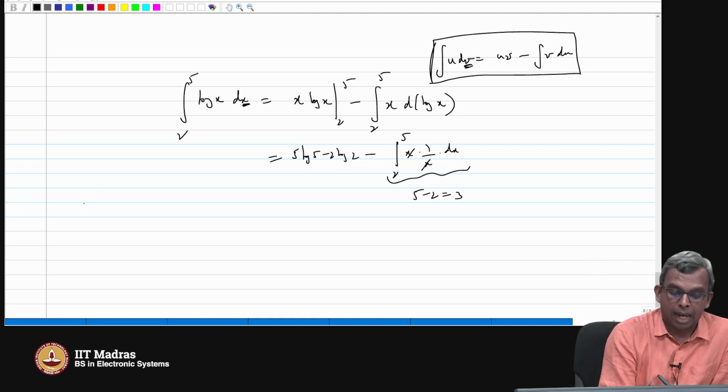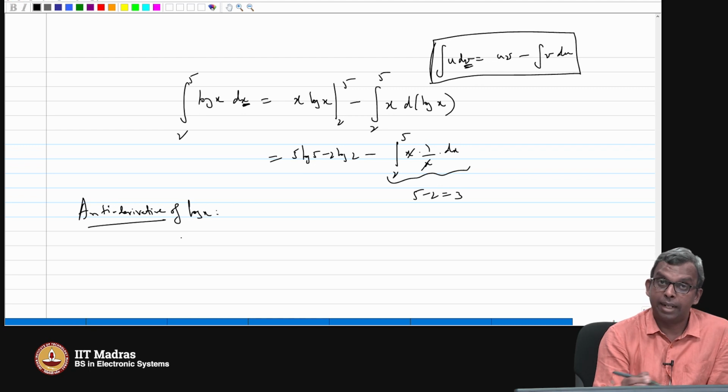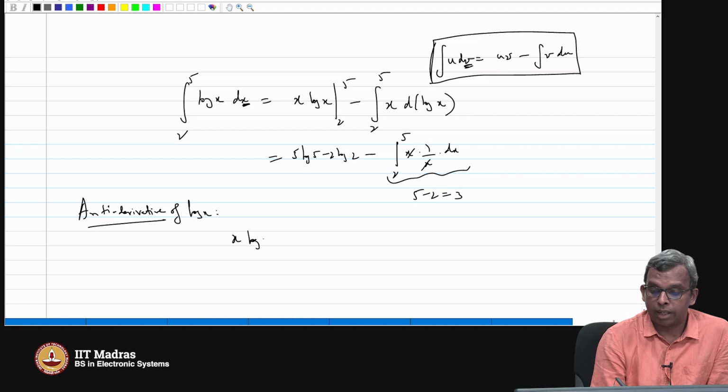So, basically the antiderivative of log x is something that a lot of people tend to remember. The derivative is 1 by x, the antiderivative is x log x minus x, I am sorry, that is where I made a mistake, x log x minus x.